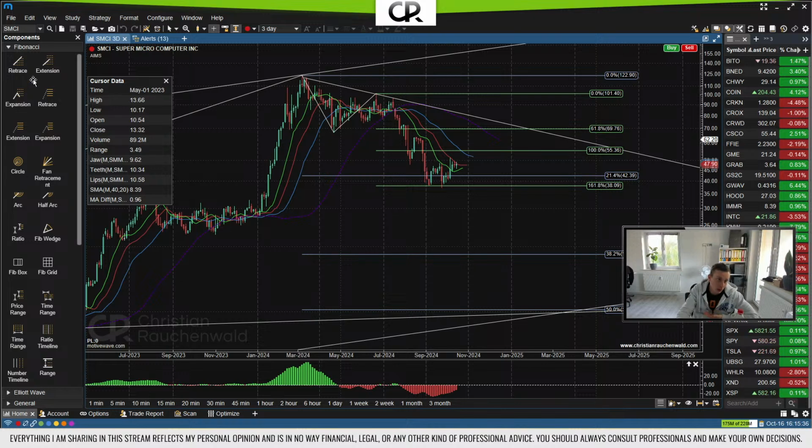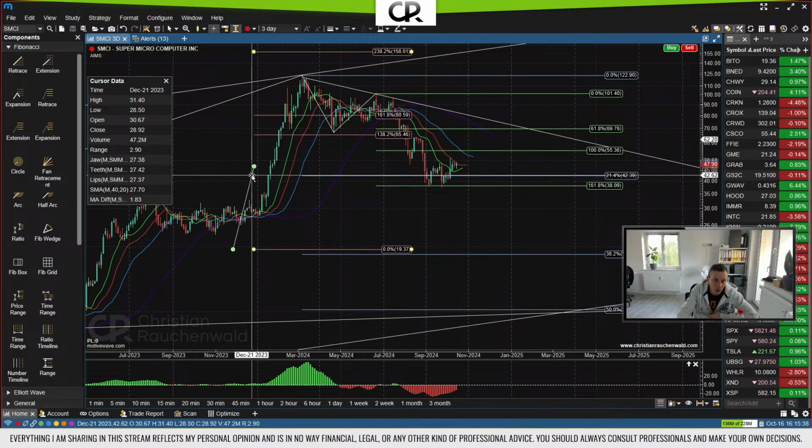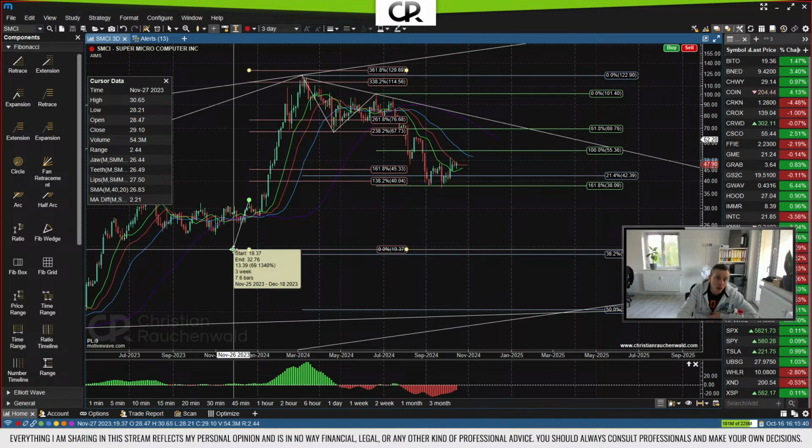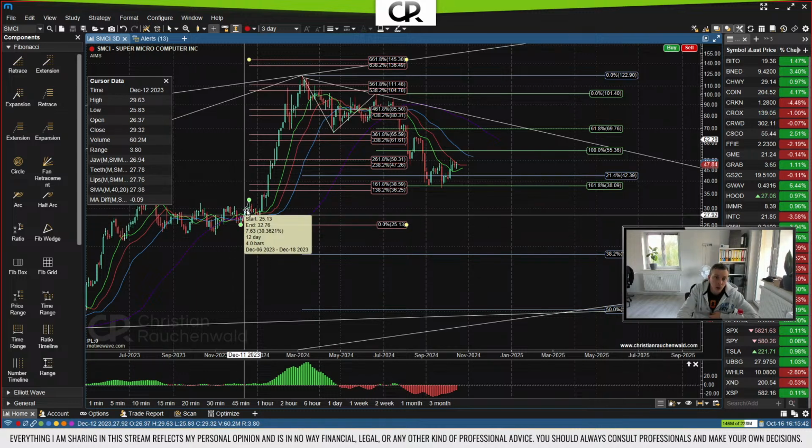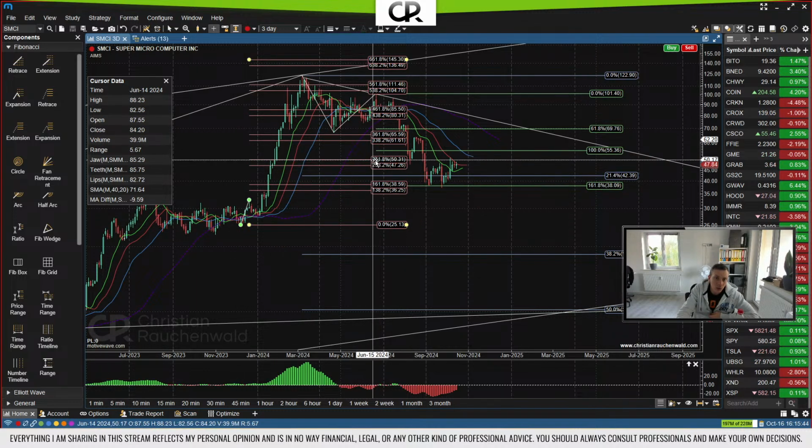Obviously there's no 100% accuracy with anything, but usually the third wave terminates at the 261.8 extension or at one of the following levels.